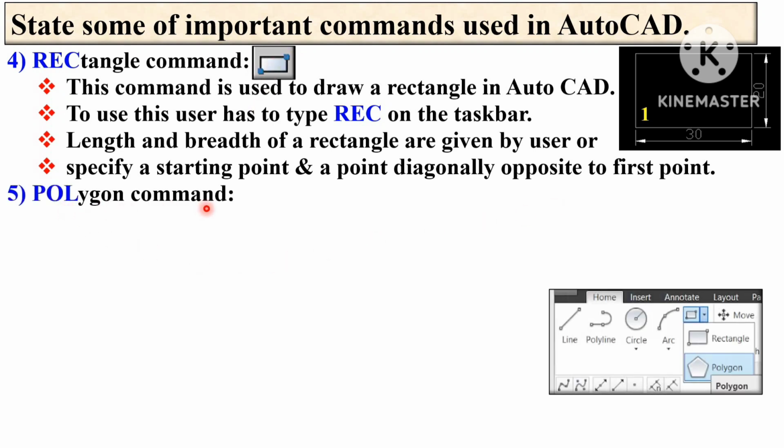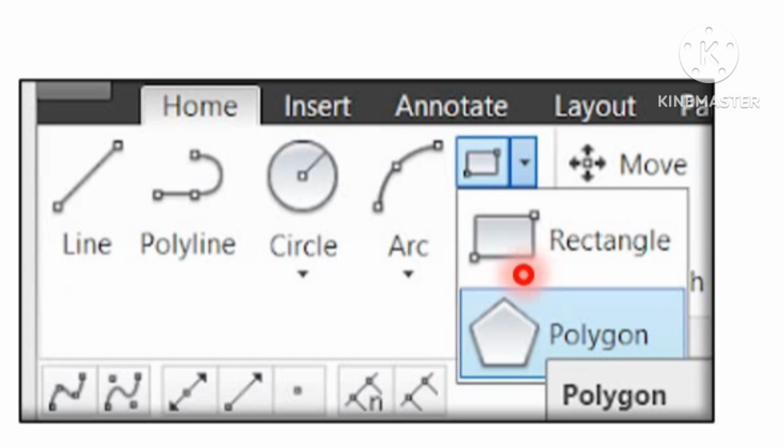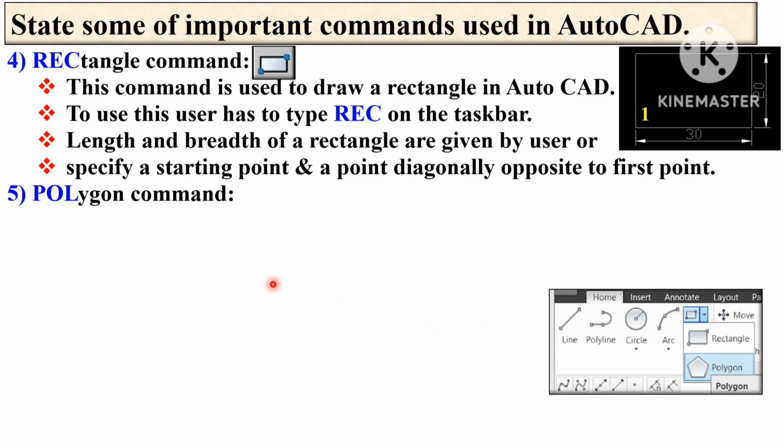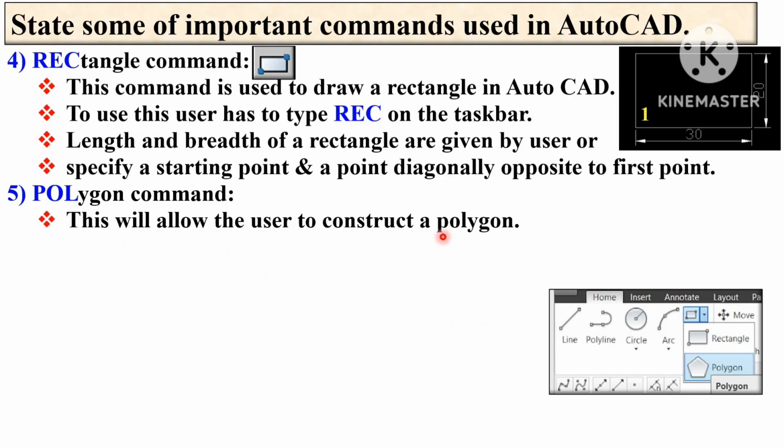Next one, the Polygon command. Here you can see the GUI in which this is the symbol of the polygon. This will allow the user to construct a polygon. You know that a polygon means the number of sides is more than 2. If there are 3 sides, you can say triangle. For the square there are 4 sides. For the pentagon there are 5 sides.